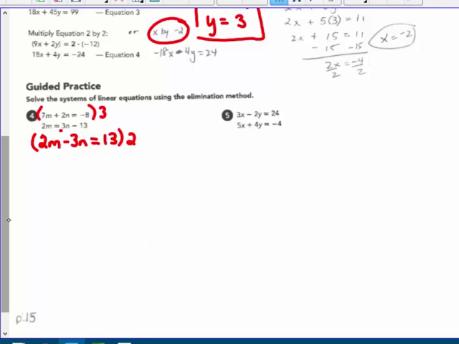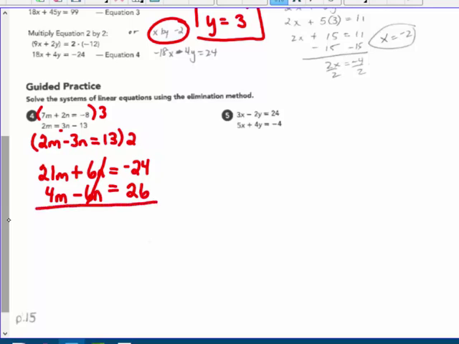So 7m times 3 is 21m, plus 3 times 2n's is 6n's. And 3 times negative 8 would give me negative 24. 2 times 2m's would give me 4m's. 2 times negative 3n would give me negative 6n's. Yay, those are going to cancel. And 2 times 13 would give me 26.